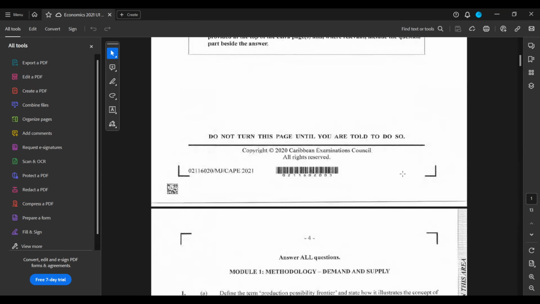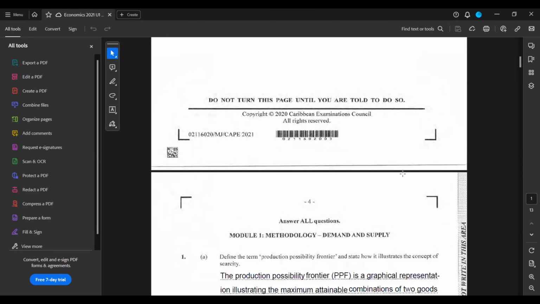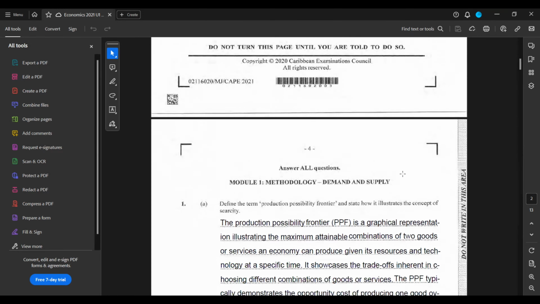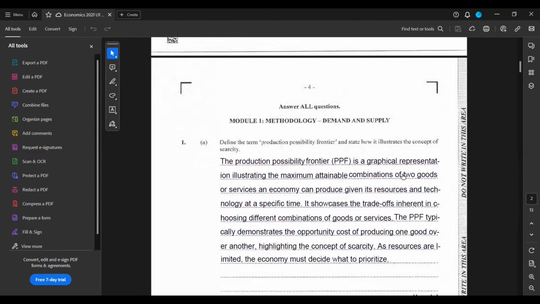Module 1A: define the production possibility frontier and state how it illustrates the concept of scarcity. The production possibility frontier, PPF, is a graphical representation illustrating the maximum attainable combinations of two goods or services an economy can produce given its resources and technology at a specific time.